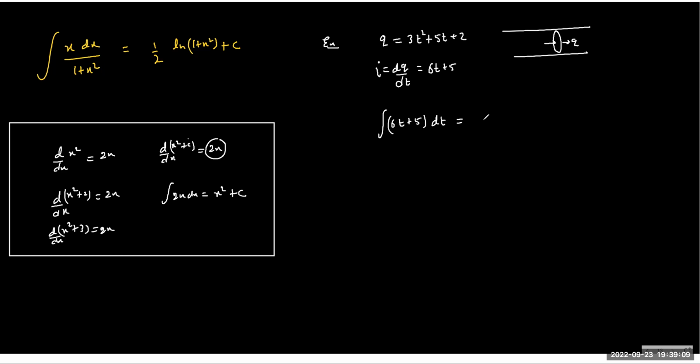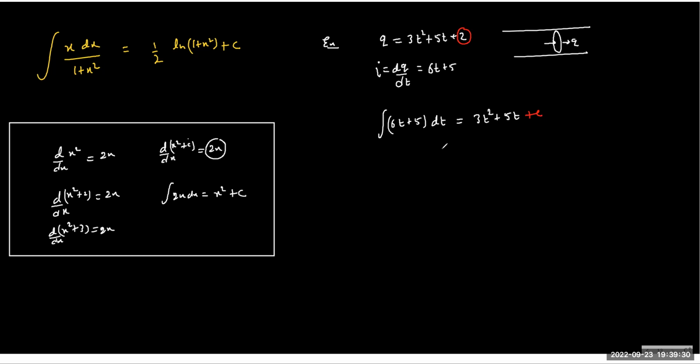Tell me, guys. 3t square plus 5t plus c. You can understand that we are missing the last term, right? So when you integrate back, you miss the term which was actually there. You got C, and you have no idea what C is.